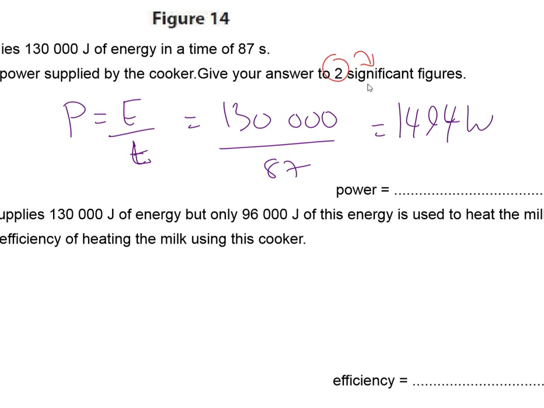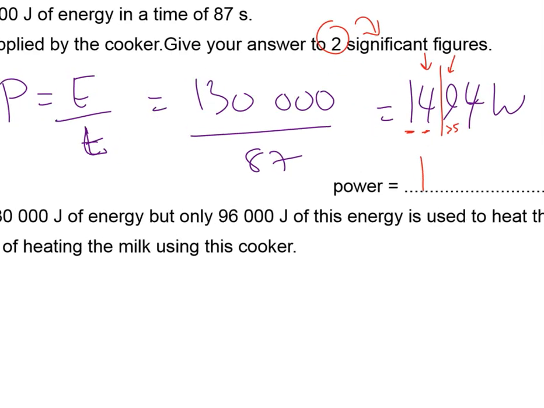Now what we have is 1 significant figure, 2 significant figures. So what we need to do is put a line there. We count 1, so this is the first one. The second one is the 4. Now if you look at the third one, it is 5 or greater, which means we need to increase the second one by 1. So this will be 1500.